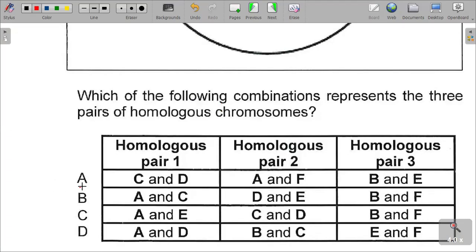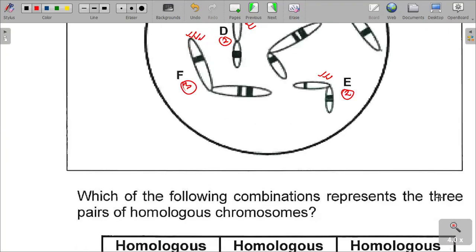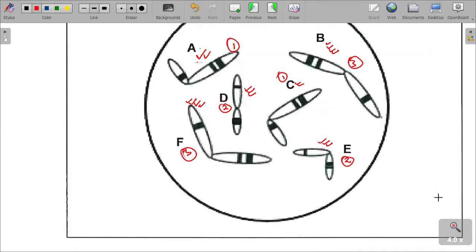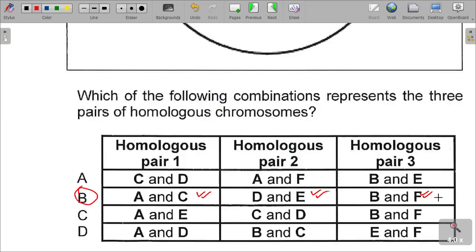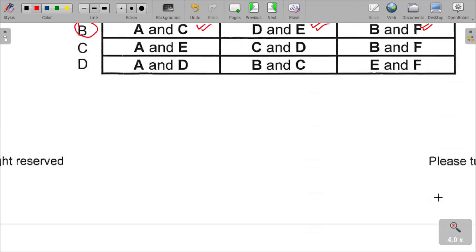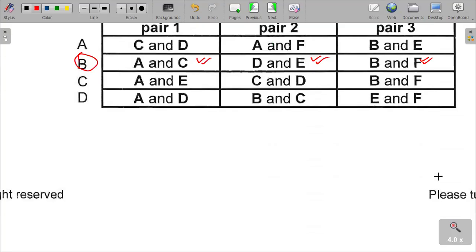The answer is B, which we are marking according to the way we calculated it in the question above. A and C, D and E, B and F can match to be homologous chromosomes in this case. Wow, that's a nice and interesting question.